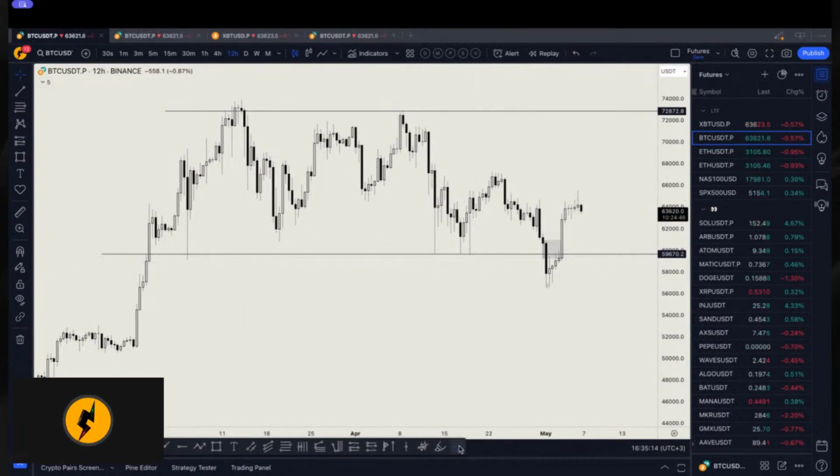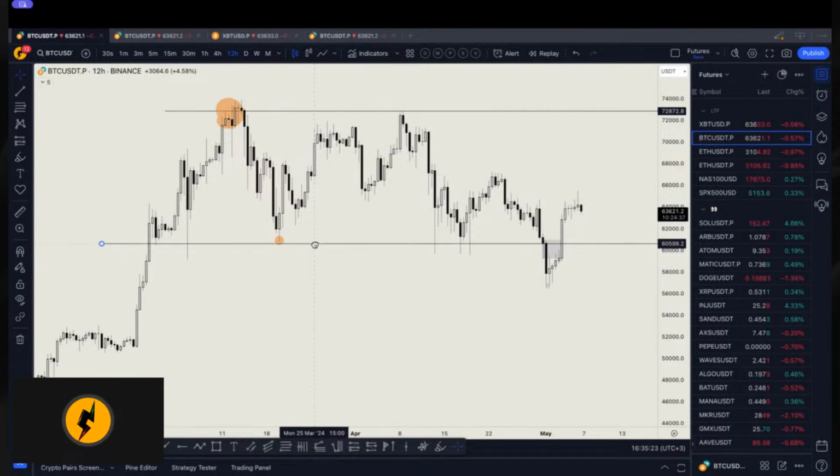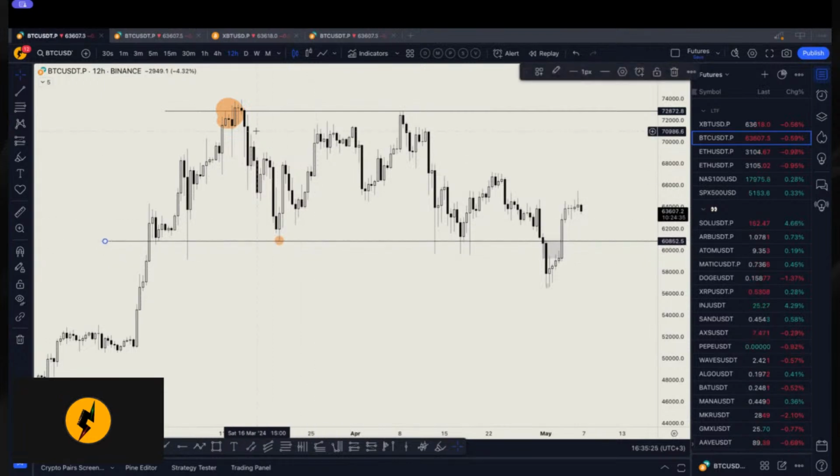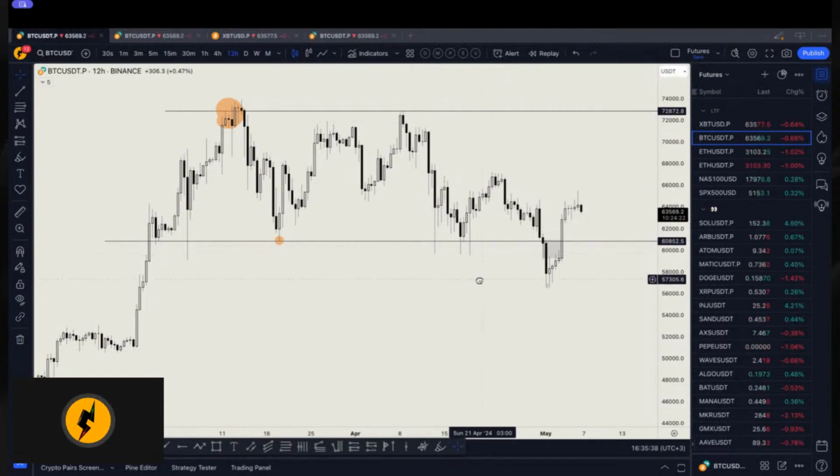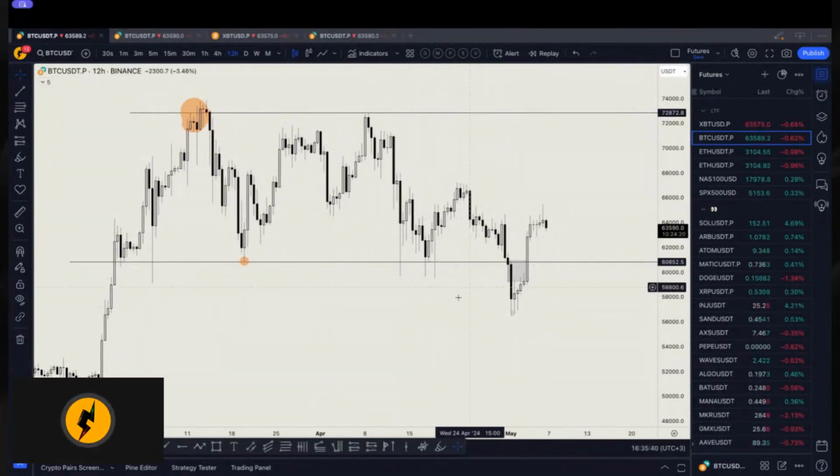And my range is here. So these are the points that I marked my range, and this one. These are the two levels that I marked my range based on. I don't really care about this if I'm on the 12-hour time frame. But if I'm trading this locally, of course this level gets more important.